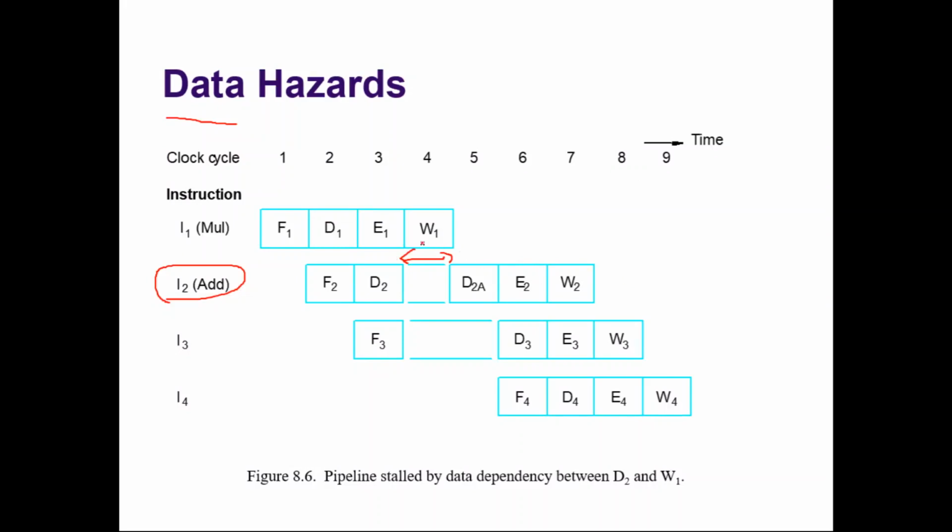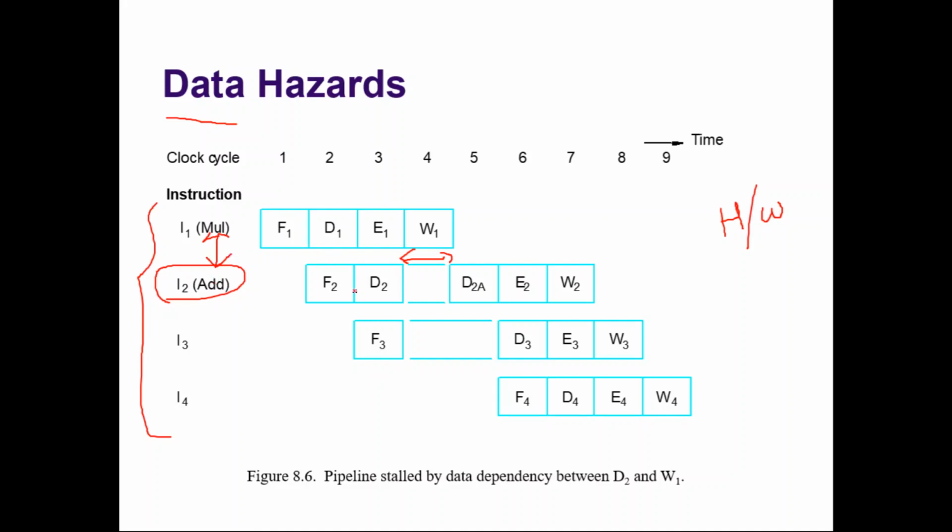Fine. Now this creating delay, these things were done by whom? This is done by the hardware. The hardware is detecting that there is a relationship or a dependency between this instruction and this instruction. And what dependency?